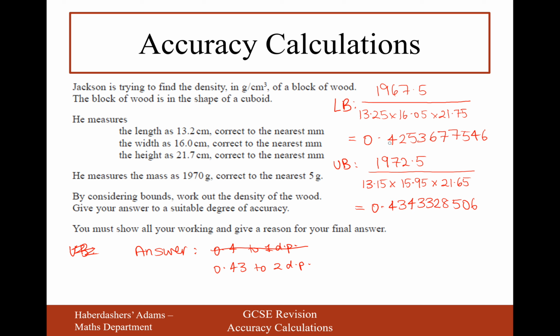Well, no. That would be 0.425 and this would be 0.434. That's different, but they would both round to 0.43 to two decimal places. So that is the answer to this question. In fact, we should write it out as 0.43 grams per centimetre cubed to two decimal places. And there we are, that's the answer to this question.